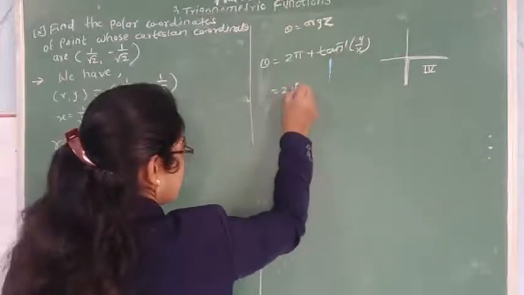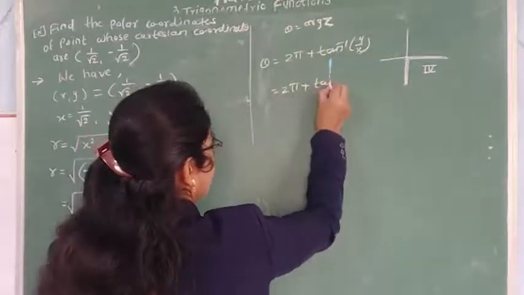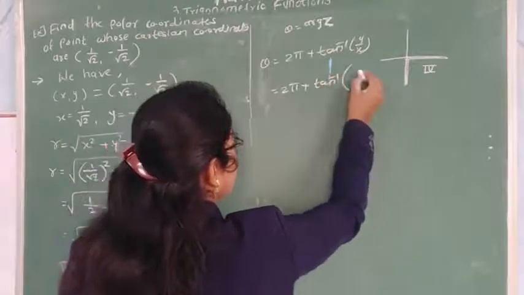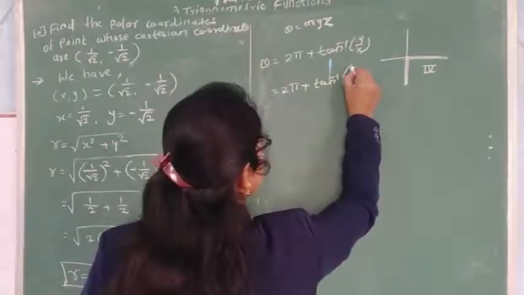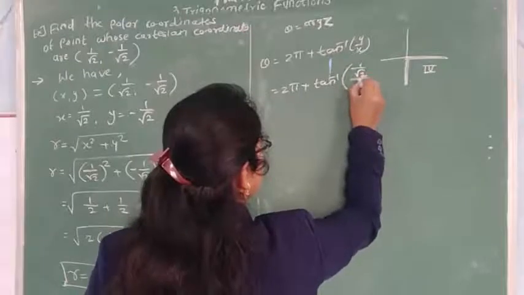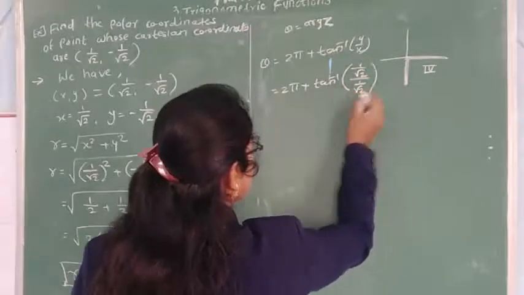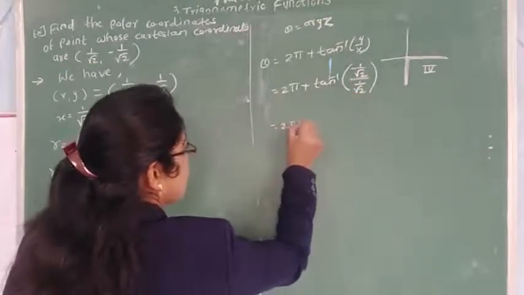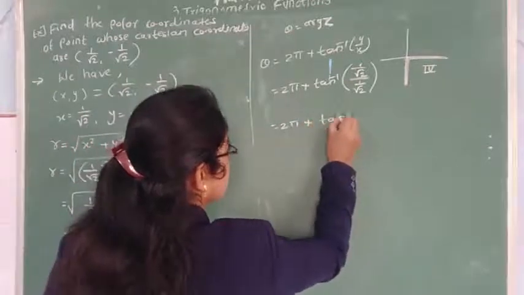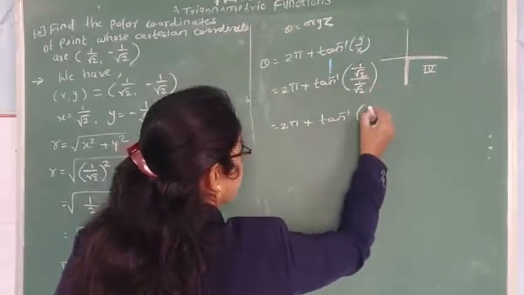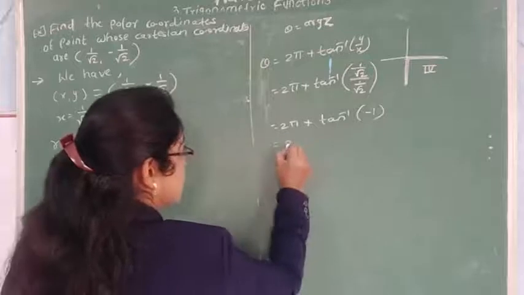So this is 2 pi plus tan inverse of (minus 1 upon root 2) divided by (1 upon root 2). The root 2 terms cancel, we get minus 1.